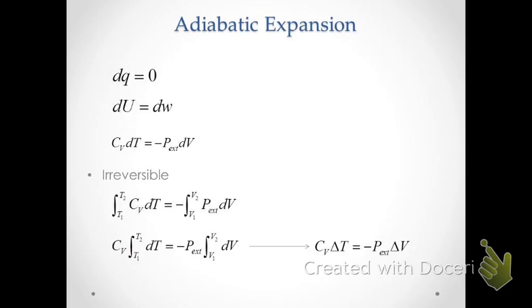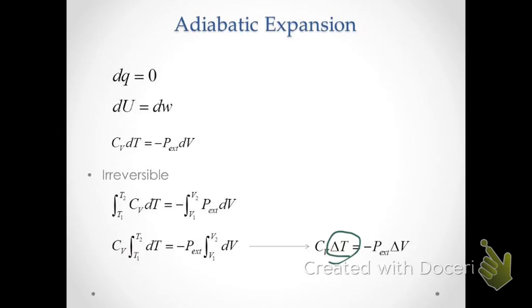It is important that we note that temperature will change during adiabatic expansion. If work is done during a process and no heat is transferred, then temperature must change. During an expansion process where the volume is increasing, we will note that the temperature will drop. During a compression process where the volume is decreasing, we will note that the temperature will in fact increase.